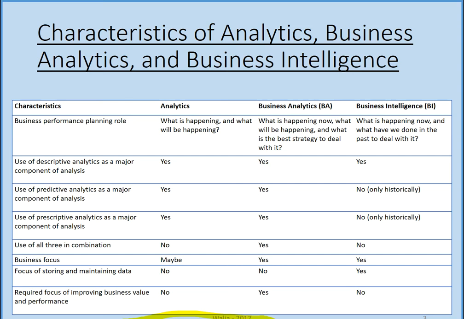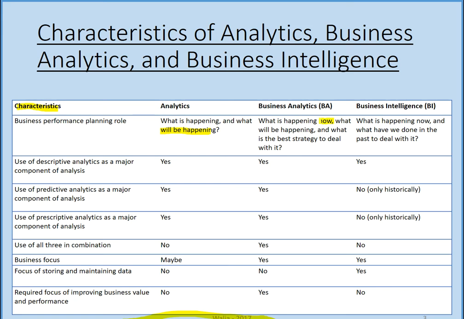What this table does is show you some of the functions, right here under characteristics, and how they are done in the field of business analytics and business intelligence. As you can see, in the field of analytics, we are examining what is happening and what will be happening.